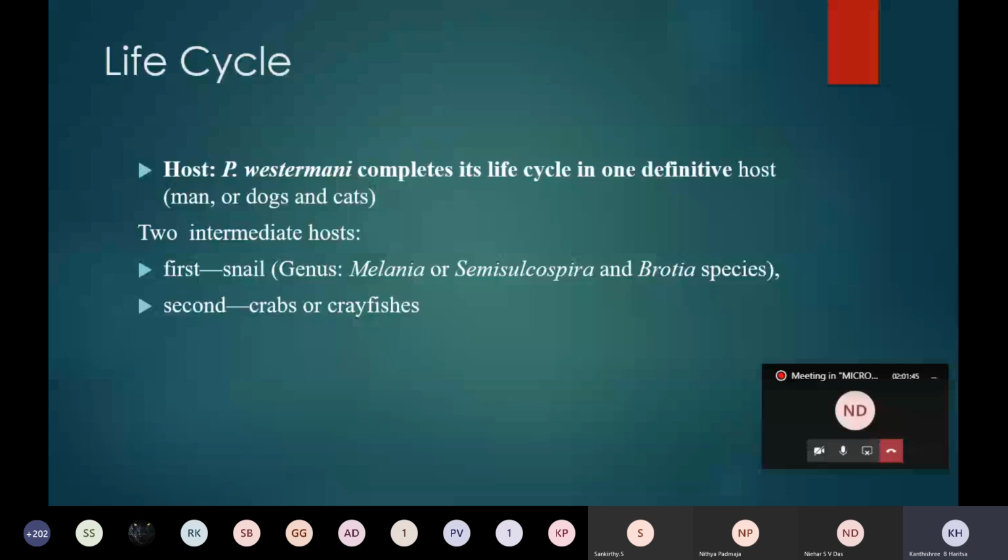The first intermediate host is the snail. It can be of the genus Melania or Semisulcospira and Thiara species. Any one of these snail genera can be the first intermediate host. The second intermediate hosts are crabs or crayfishes.